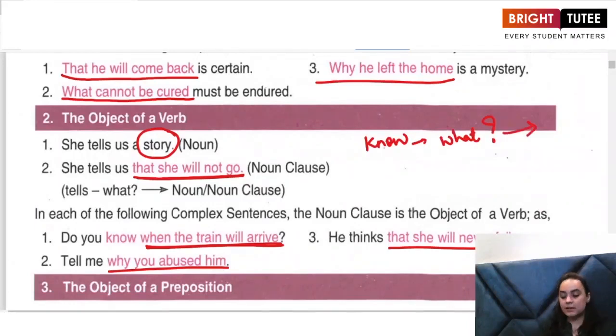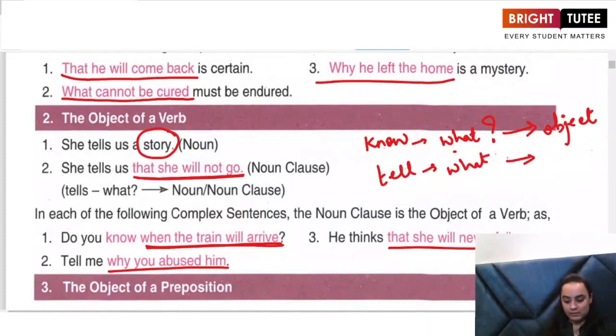And the answer that I got was my object. Know what? When the train will arrive. Tell what? Why you abused him. Think what? That she will never fail.